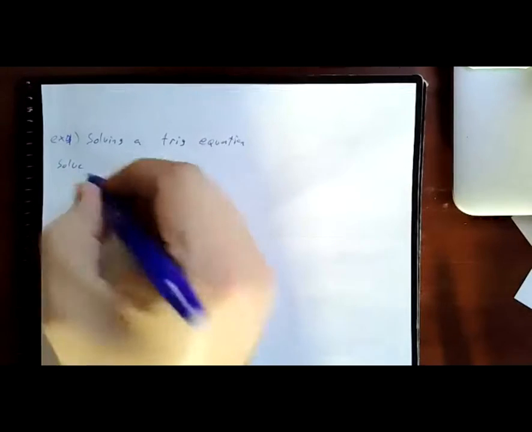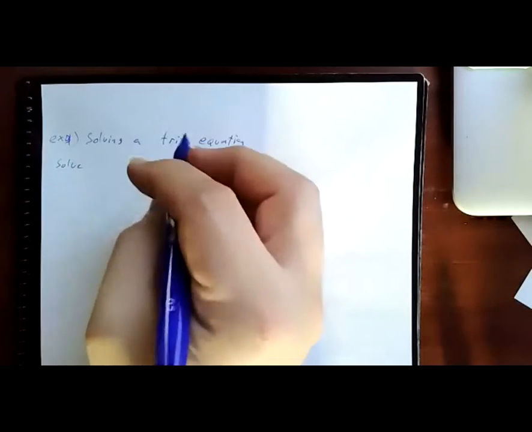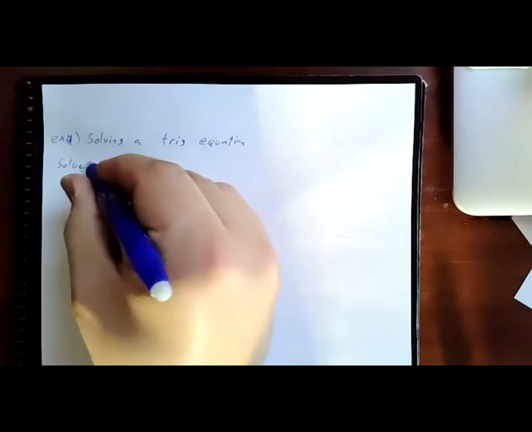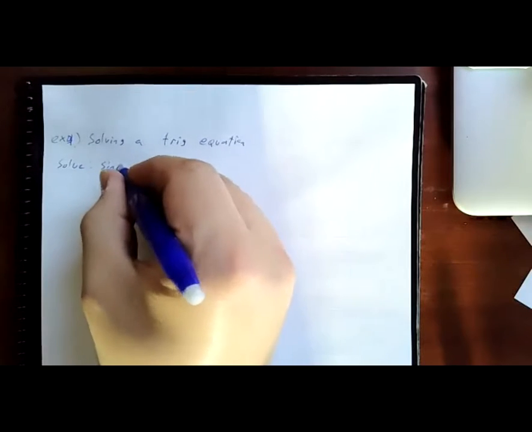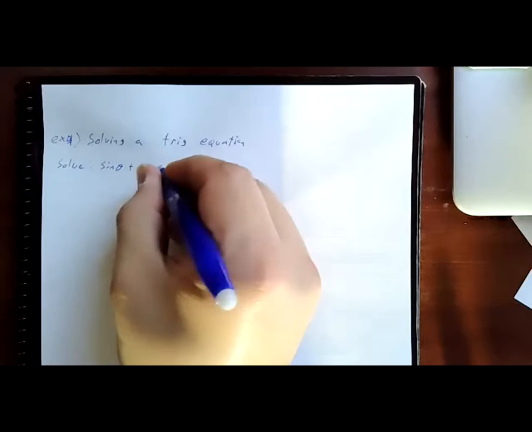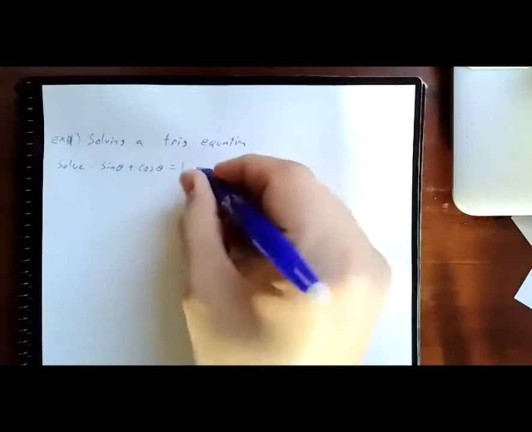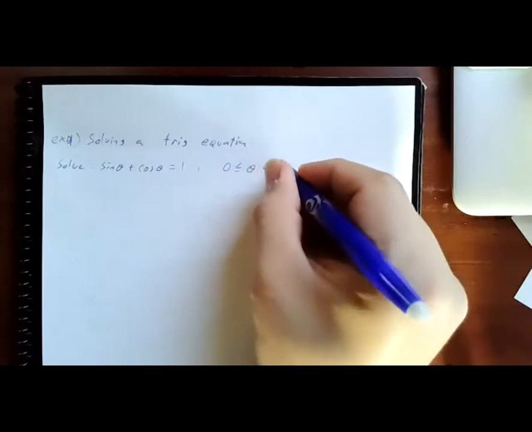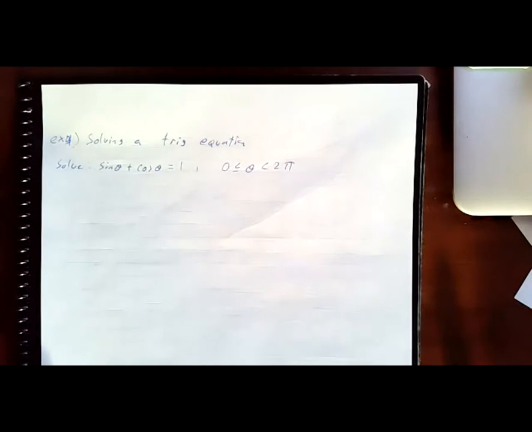Okay. We've been solving some trig equations already, but this one will be a little bit different. Sine theta plus cosine theta equals 1, where theta is between 0 and 2 pi. Okay.